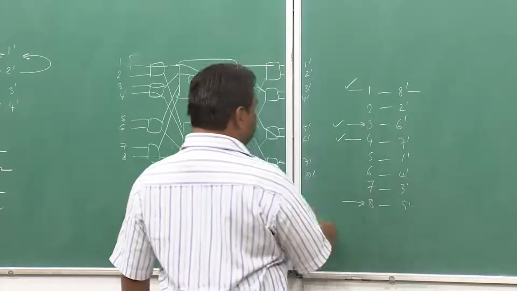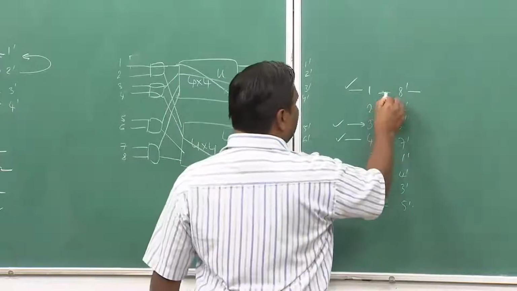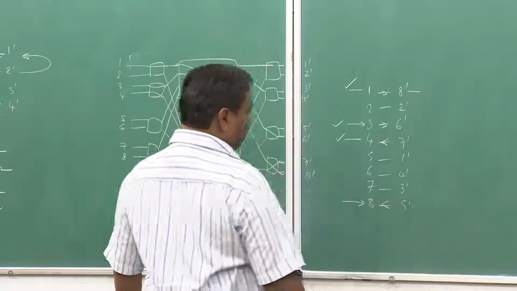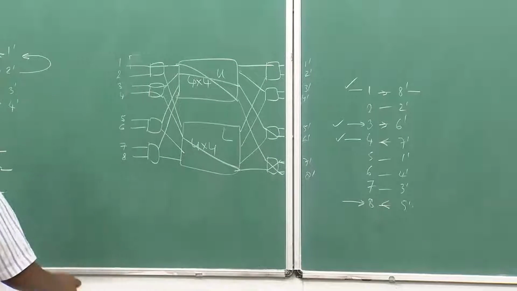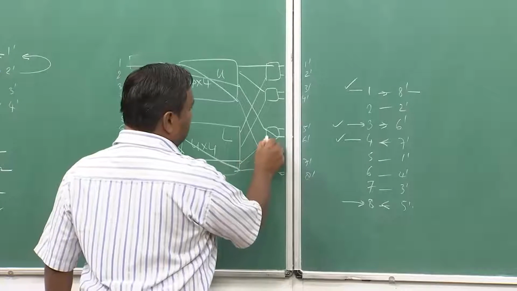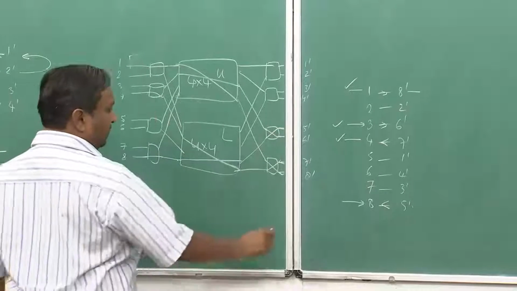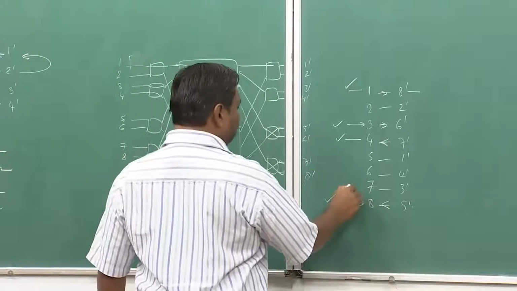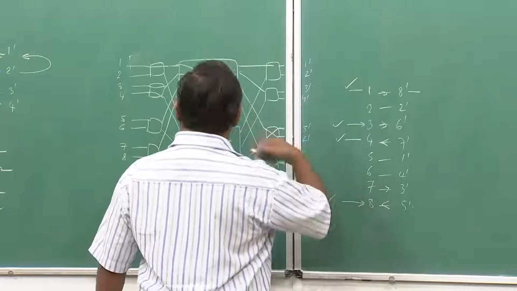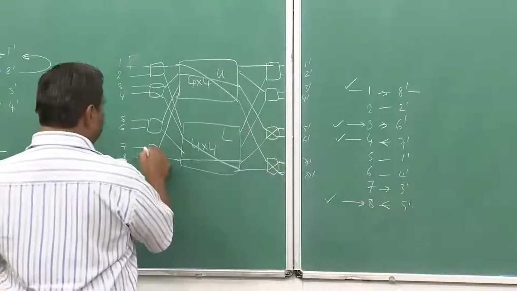So, 8 to 5 has to go from the bottom. Remember this is the forward direction, this is the reverse, this is the forward, this is the reverse. 8 to 5 has to go from the bottom. Okay, done. Corresponding to 8 is 7, this has to happen in the reverse forward direction from the upper one, 7 to 3 prime.